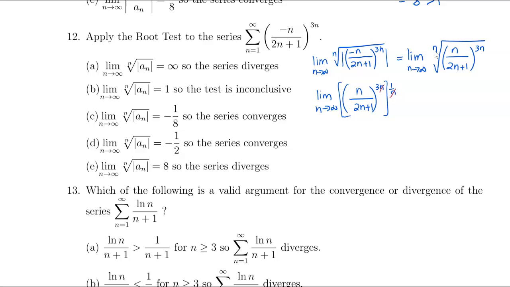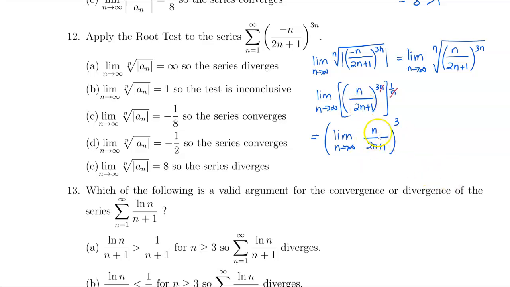Now the n cancels out. So we have a cube here. Then by the property of limit, we can have the limit of n over 2n plus 1, cube. You could put the limit inside.